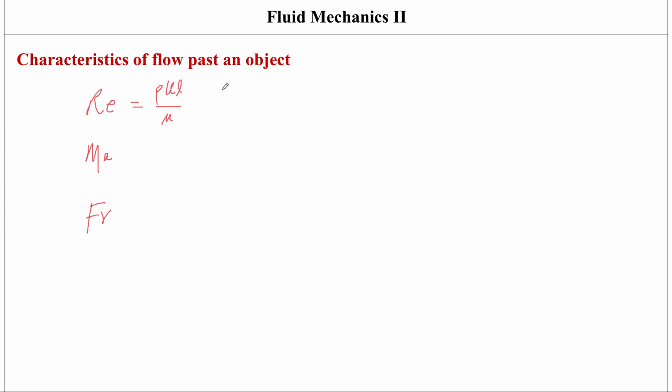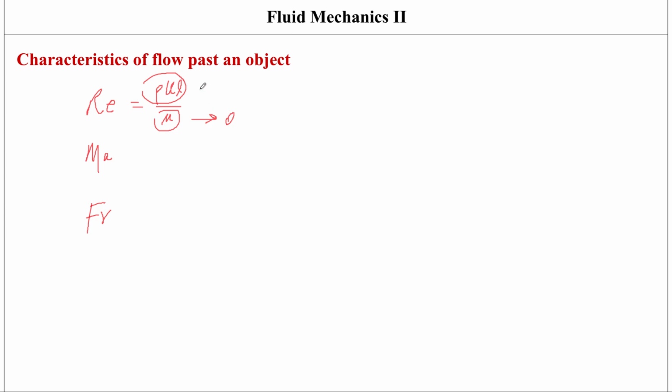So Reynolds number represents the ratio of the inertial effects to the viscous effects. In the absence of viscous effects, mu is equal to 0, and this Reynolds number then becomes infinite, because the denominator is 0.